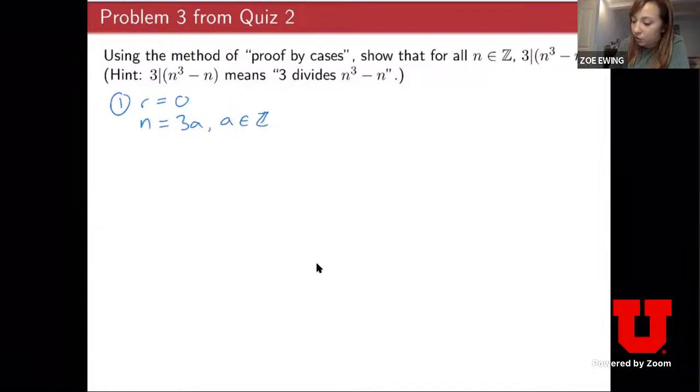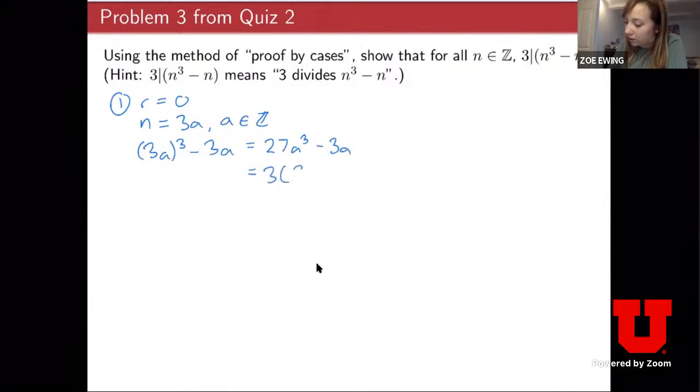Let's substitute that back in: n cubed minus n is 27a cubed minus 3a. We can factor here to get 3 times 9a cubed minus a. And we can use closure to say that this equals 3k, where k is in the set of integers.